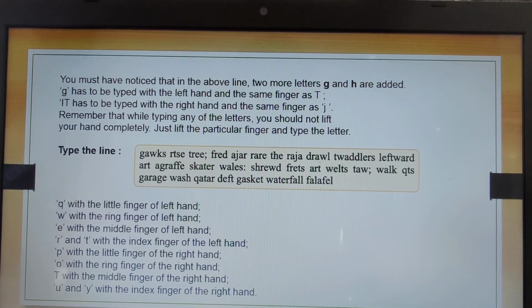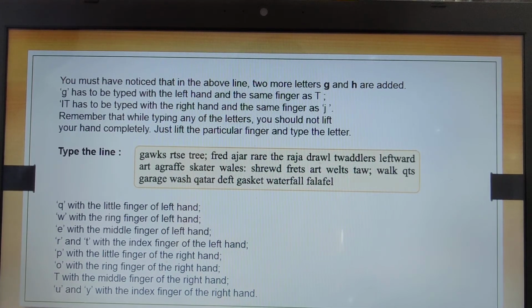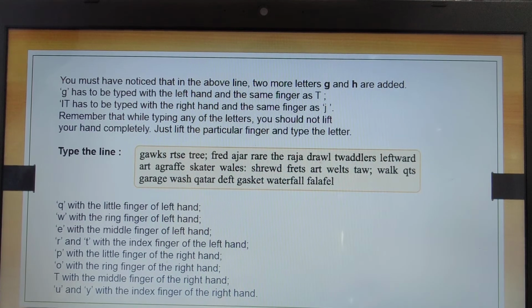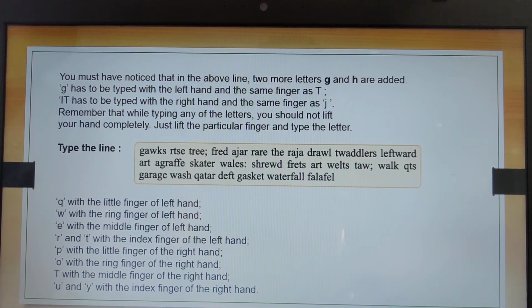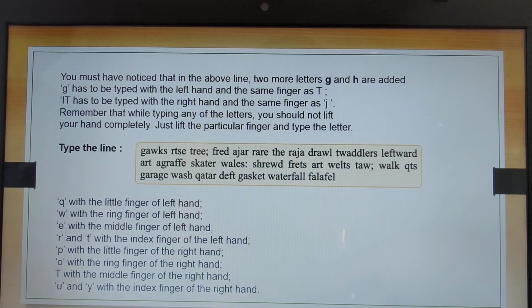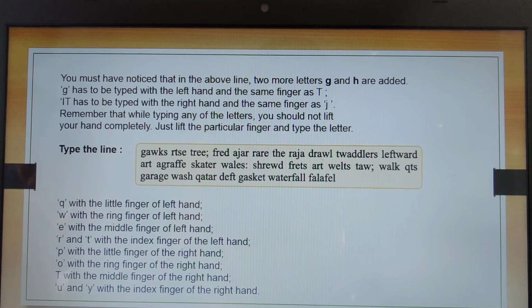Now you must have noticed that in the above line, two more letters, G and H, are added. G has to be typed with the left hand and the same finger as F. H has to be typed with the right hand and the same finger as J. Remember that while typing any of the letters, you should not lift your hand completely. Otherwise, what will happen, children? You will lose track of where your fingers were.